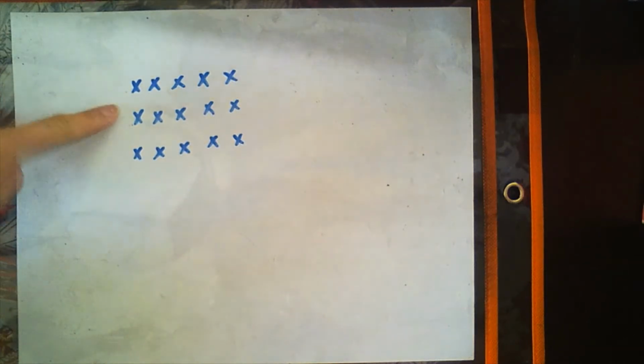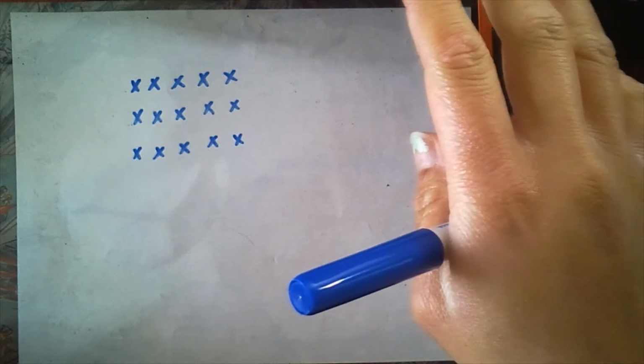Go ahead and take a look at my sketch or drawings here. How many rows do you see? And remember, rows, you can think of it as left to right or straight across. How many rows do you see? Great, 3. 1st row, 2nd row, and 3rd row. Are my rows equal? Yes, they are, because each row has 5 X's.